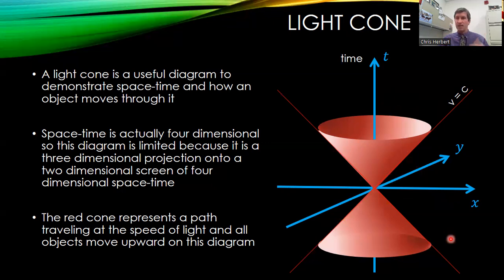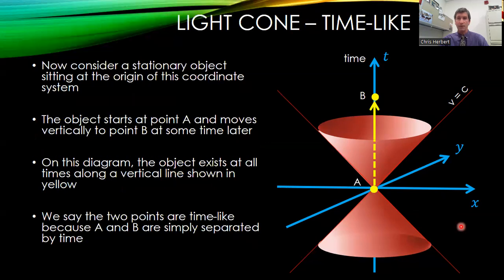Z is there too, but in order to represent time in the vertical, or the speed of light times time in the vertical, I had to leave z out. So we'll sometimes see these light cones used. You'll hear the term Minkowski diagram sometimes used.